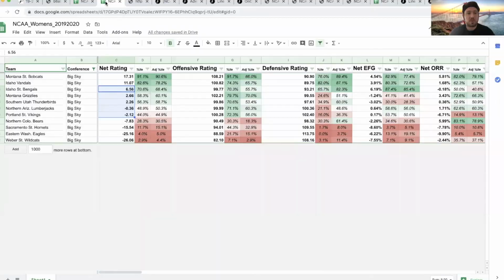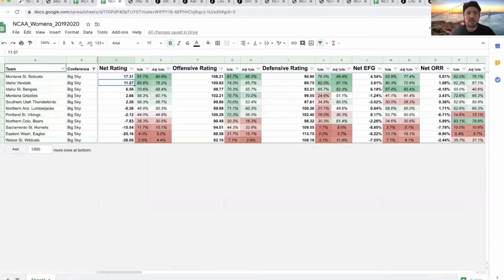So I pulled up the Big Sky Conference in the percentiles rank, and this tells a more clear story about these teams and how they perform. So we still have a clear delineation at the top. So net rating is a really good metric for understanding overall performance, especially when you compare it to winning percentage, which may have a little bit of noise baked into it. The net rating tends to be a more stable metric.